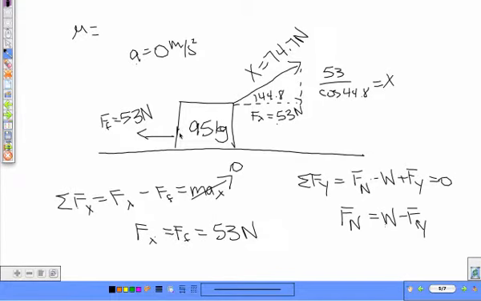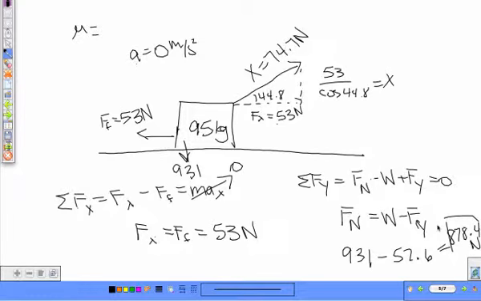So what's our weight? 95 times 9.8? 931. So 931 minus F y, which is 52.6, so we get then 878.4. That's newtons.